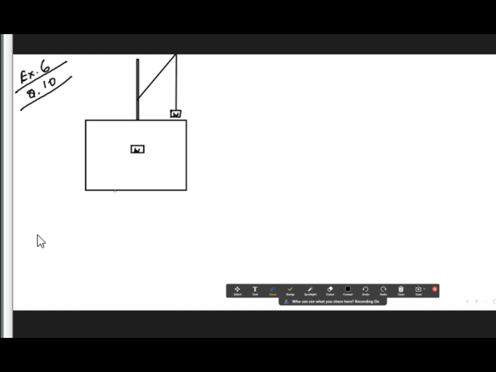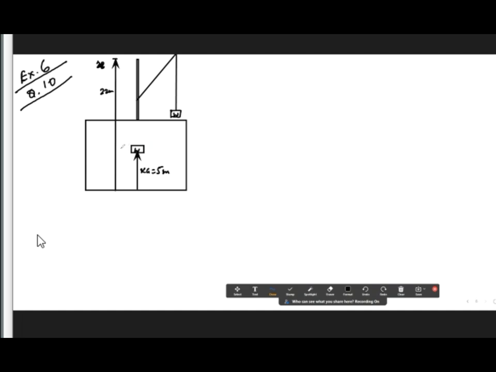I need to show the KG of the two positions. Originally the KG is 5 meters, and finally the KG is... what is the KG of the crane given? 22 meters. This is 22 meters.